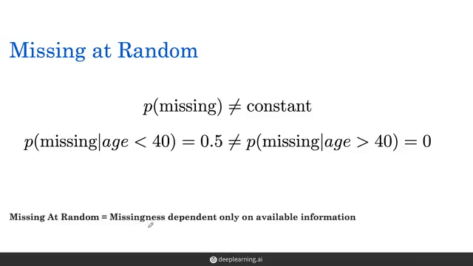And so missing at random is when missingness depends only on the available information. Here the available information is age, and age is entirely determining what the probability of missingness is. And we're going to compare this with another scenario in which the available information won't be all that's being used in order to determine whether something is missing.